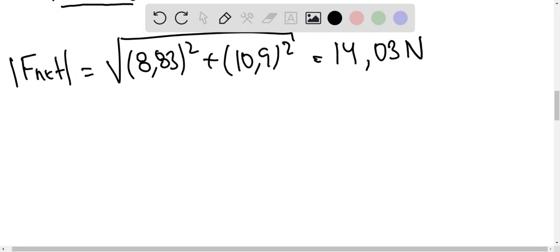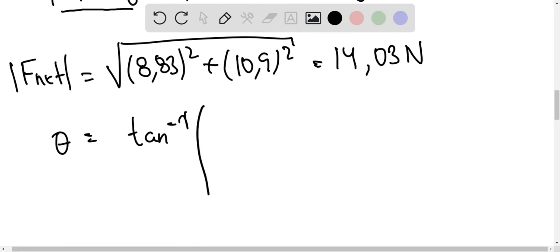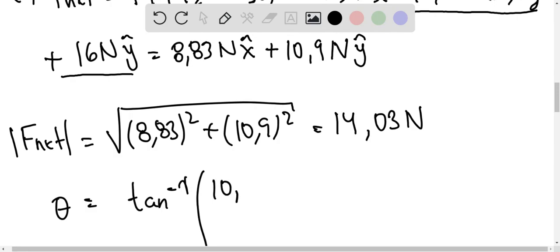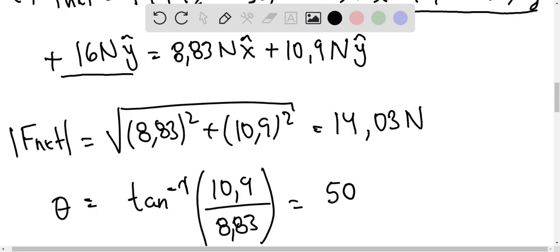We can also find theta, the inverse tangent of 10.9 over 8.83, and this gives us 51 degrees.